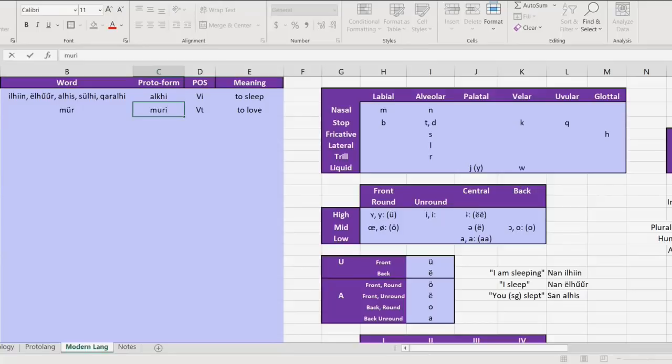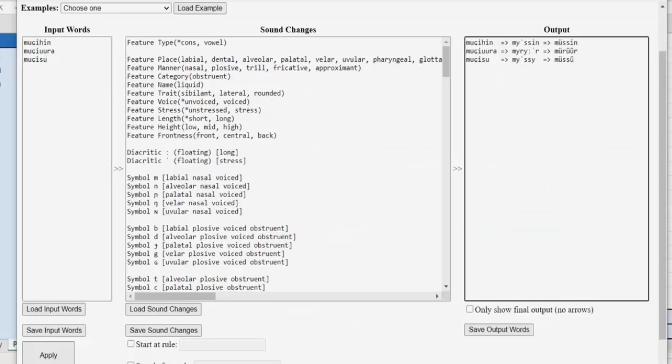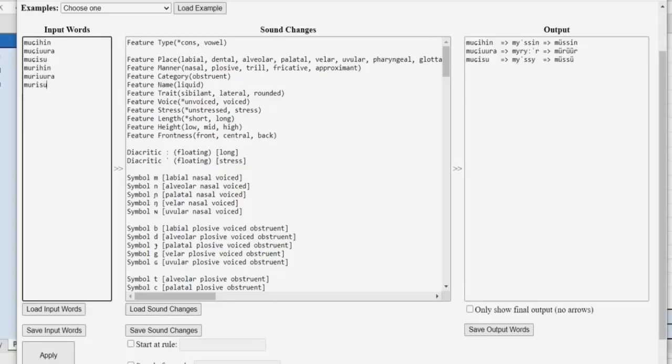Or we could do something like musi, because that's going to roticize anyway. So if we did go with musi and applied our different endings, we'd get mussin, murur, and musu. Those are okay. Well, let's just see how it is using just a normal R from the beginning.